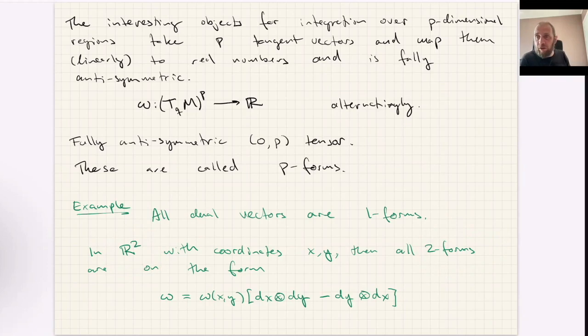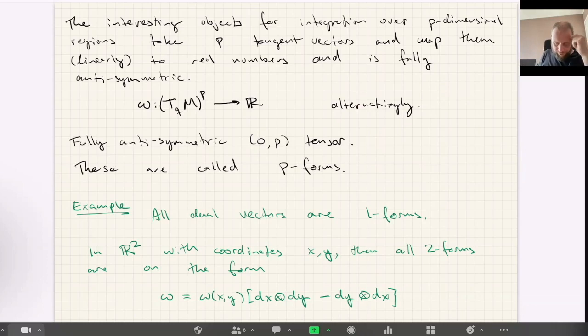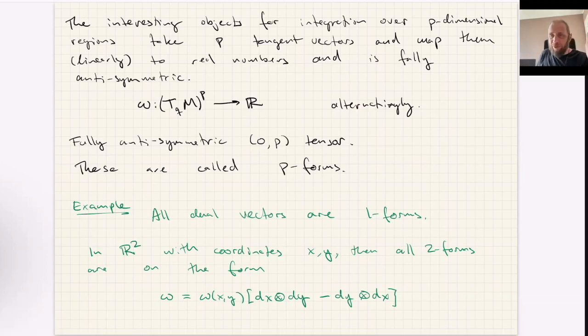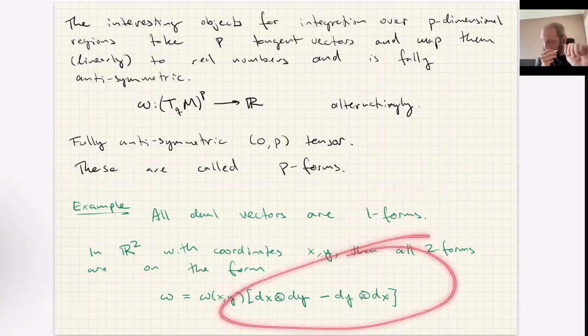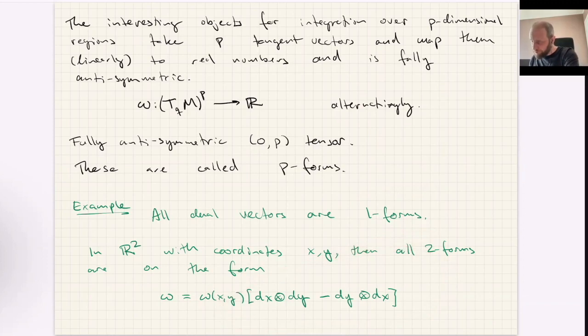It's a subspace of 02 tensors. Hopefully we have now convinced ourselves that p-forms are going to be important for integration, right? And you've seen what one-forms are, and you've seen these two-forms on R2.